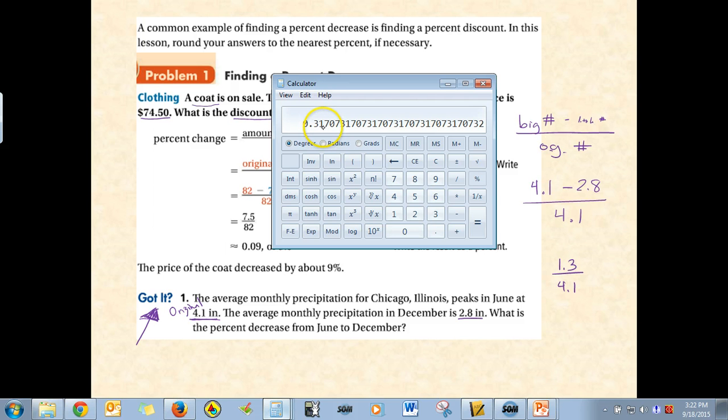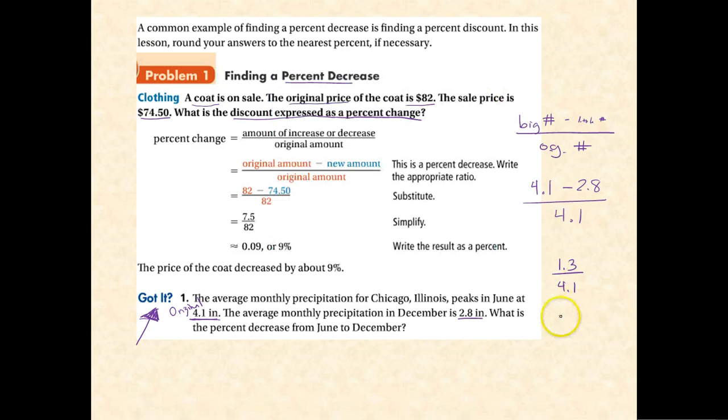We're rounding to the nearest whole percent, so that's 32%. So this is about a 32% decrease. So the rain, I do not know how to spell sometimes. There was a 32% decrease in monthly precipitation.